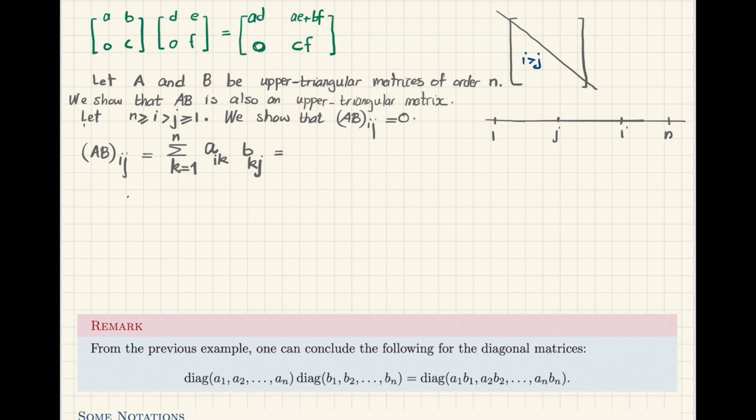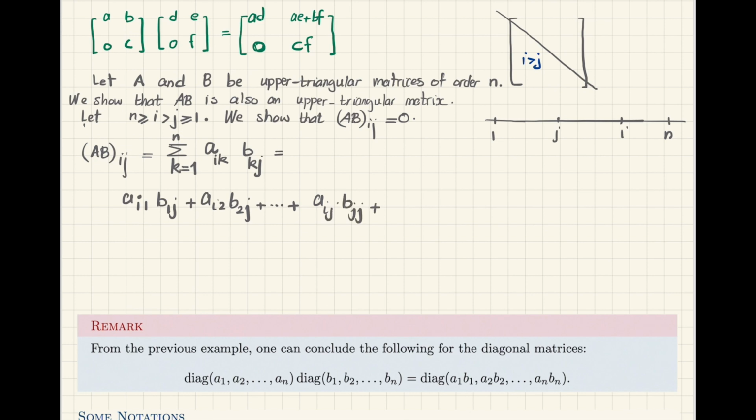I would start from 1, it becomes a_i1 b_1j. The next one is a_i2 b_2j. I will continue until I reach the first index, j. Then I will have a_ij b_jj.